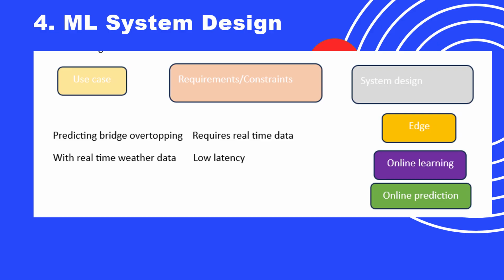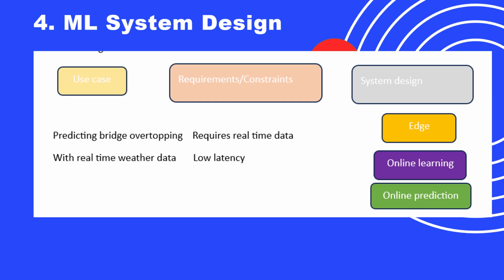We don't want to wait for the bridge to be overtopped and get data after the overtopping. And the problem is it gets worse: for any road or bridge being closed, there is a big impact to the local economy.